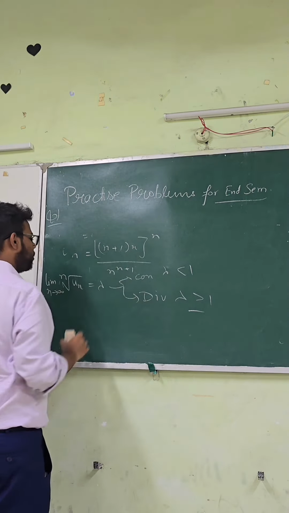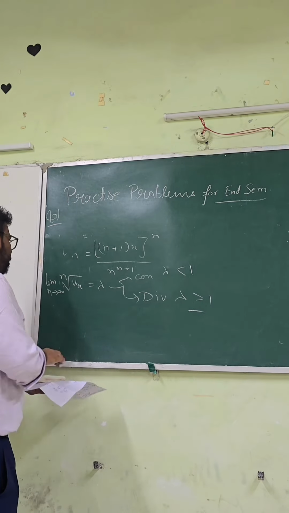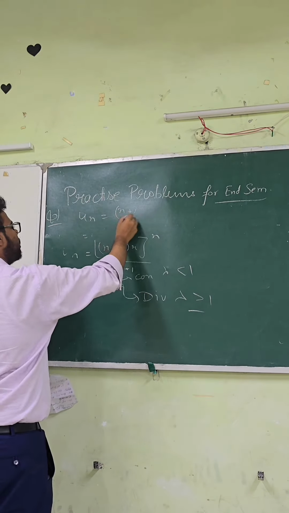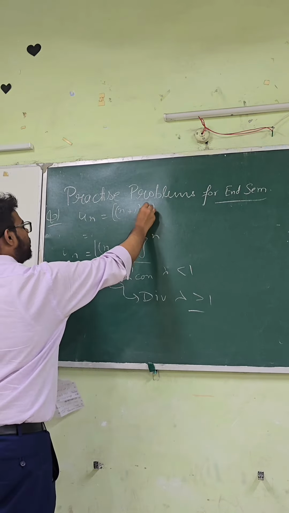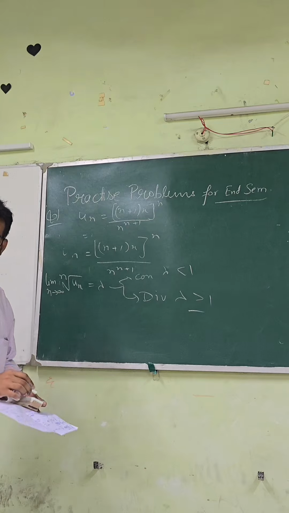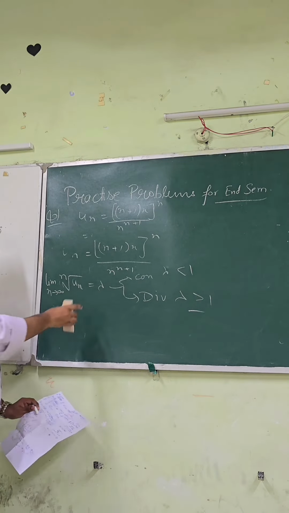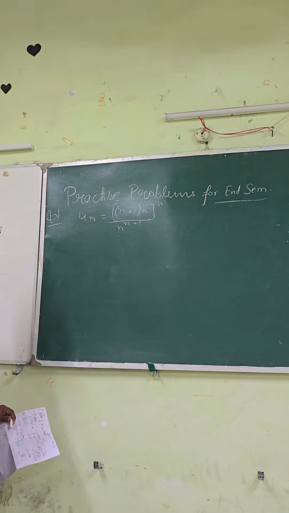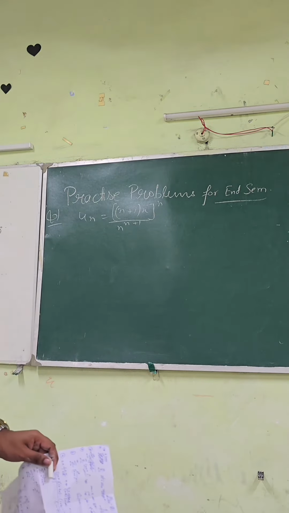Let me write this over here. u_n is equal to ((n+1)x)^n by n^(n+1), as it is. Okay, you have written it. So now let's test it by using the Cauchy root test.